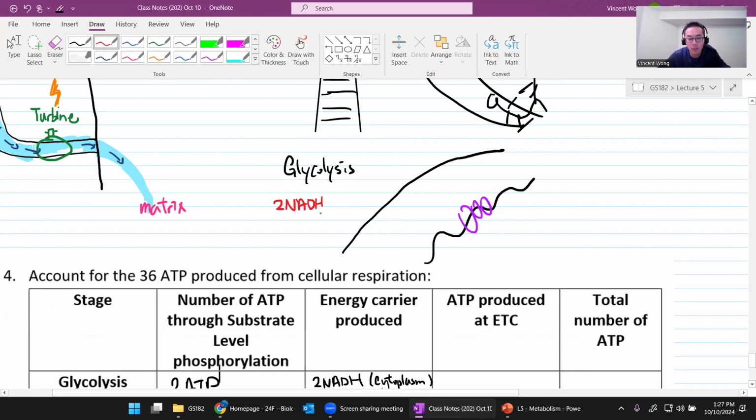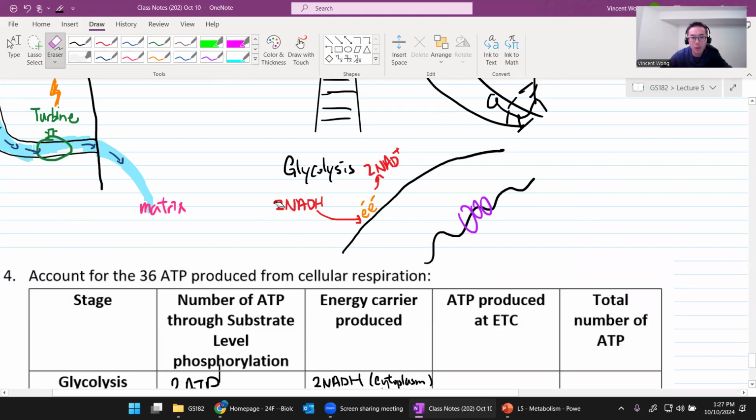So it's going to drive the electron all the way up to the border, and say, hey, this is as far as I can take you guys. Please get off and cross the border yourself. And then it will become NAD plus again.